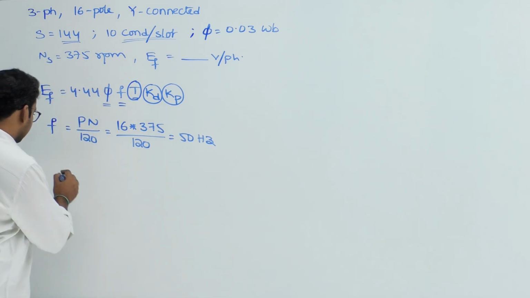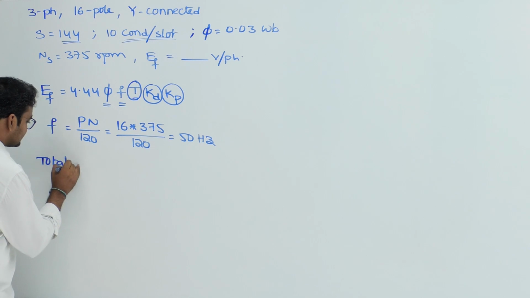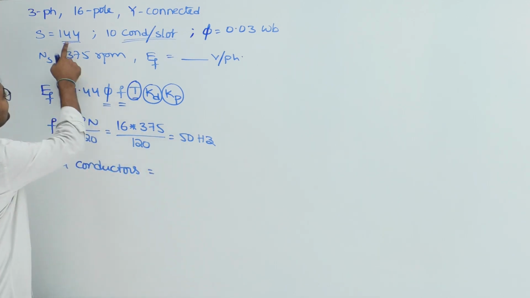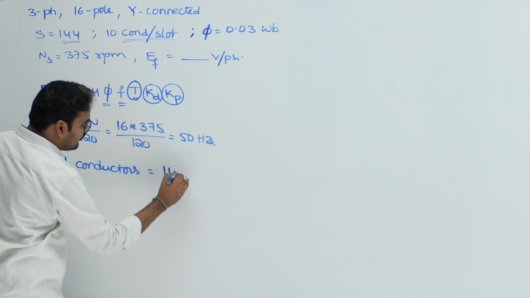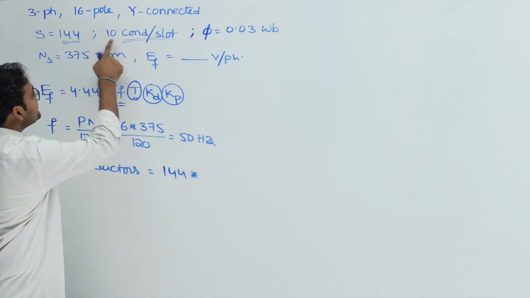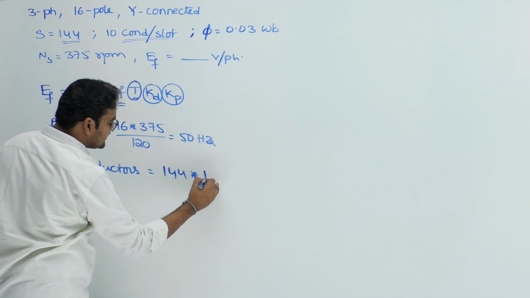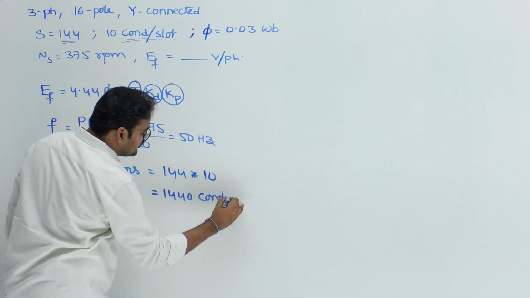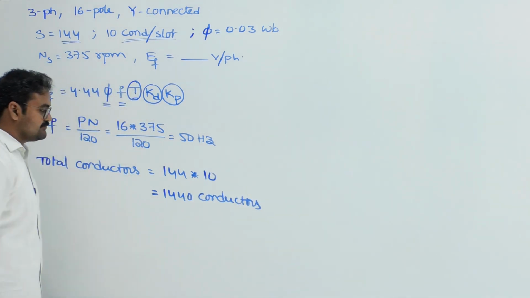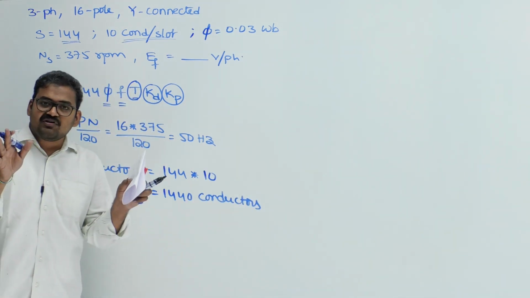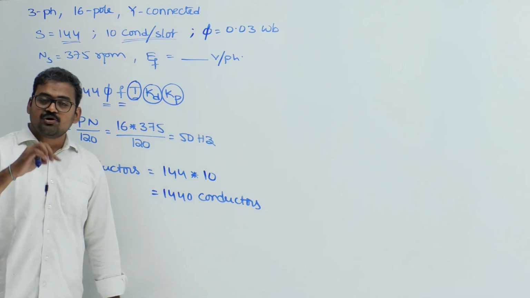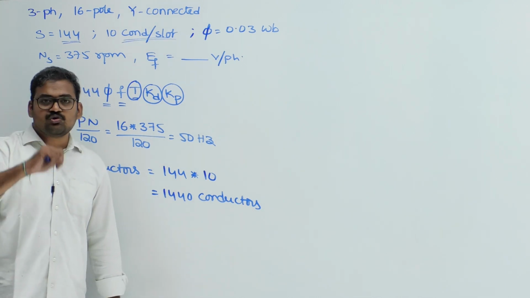Overall, how many slots are there? 144 slots. Each slot has 10 conductors. Therefore, total conductors are equal to 1440. When you know number of conductors, can you calculate number of turns? Because we know one turn requires 2 conductors.